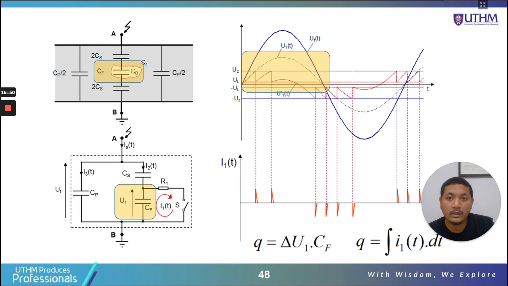When we have positive here and negative here, discharge happens in, for example, this direction, going up or going down.